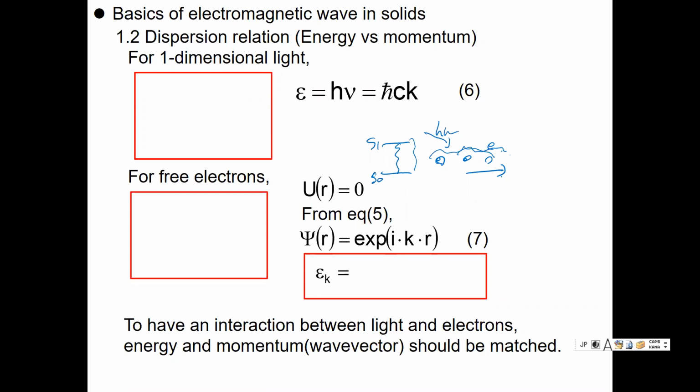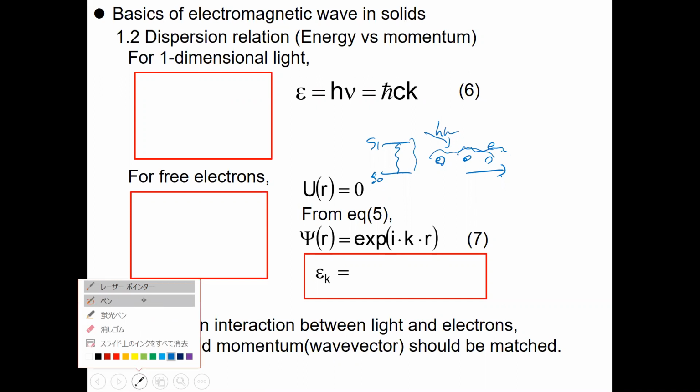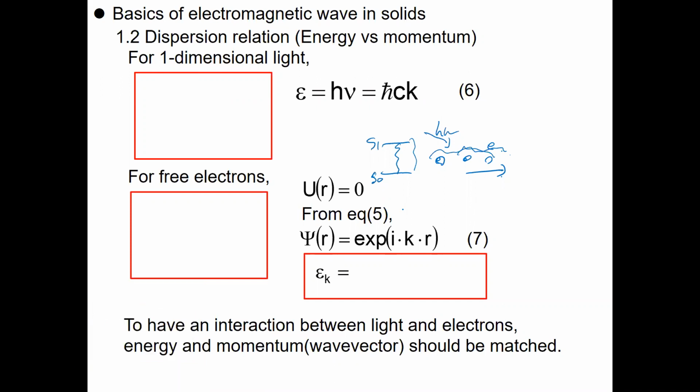In the case of light, epsilon equals h nu equals h bar omega, and you can easily convert that nu is c over lambda, right? And k equals 2 pi over lambda.